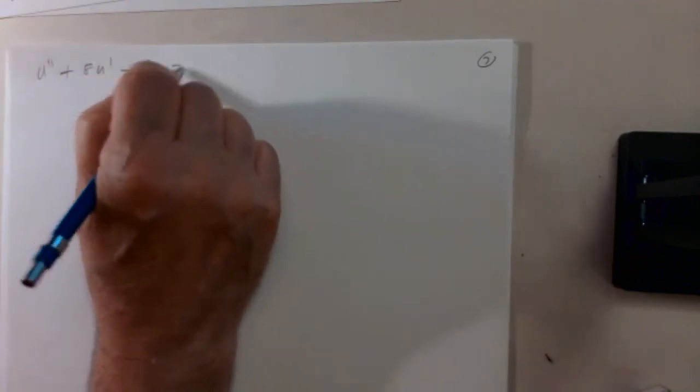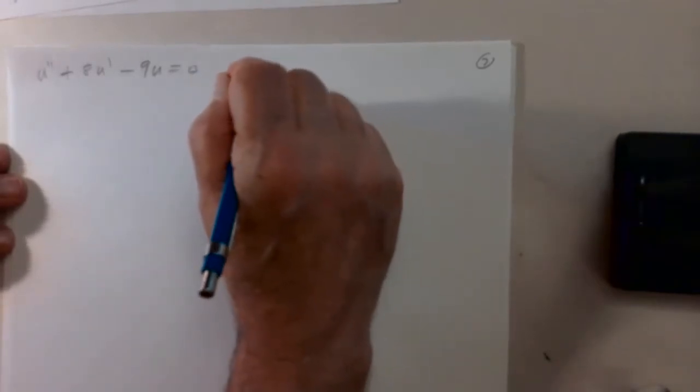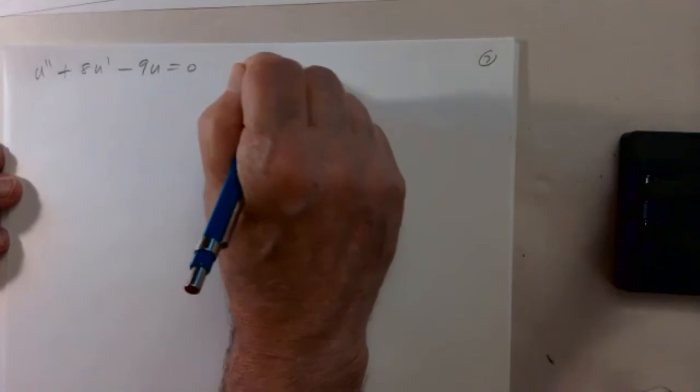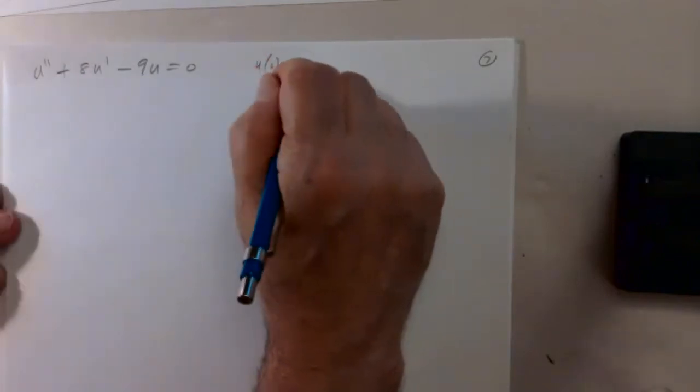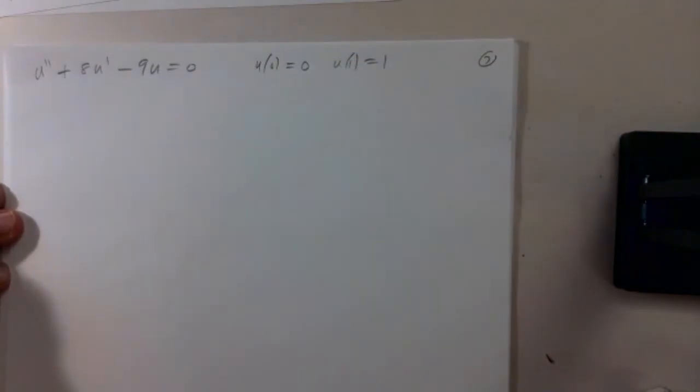And let's say we have very simple initial conditions. I don't know, u of 0 equals 0 and u prime of 0 equals 1. We'll see what happens.